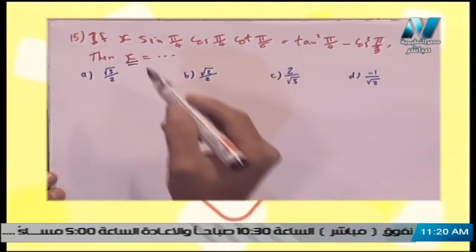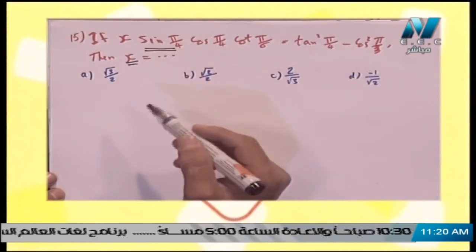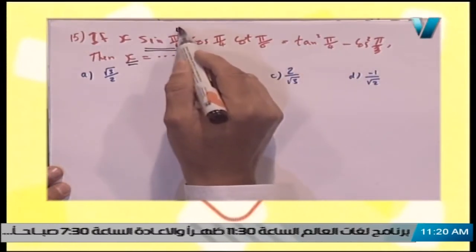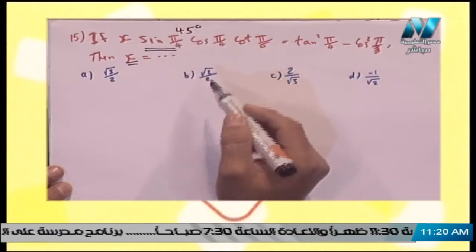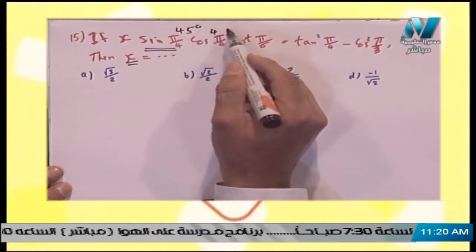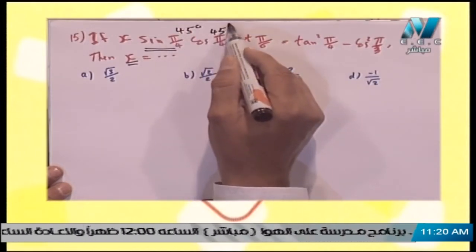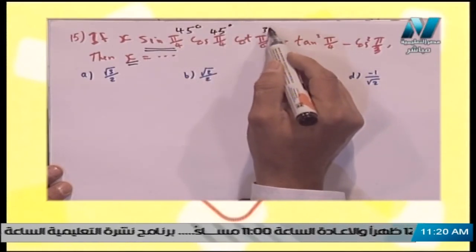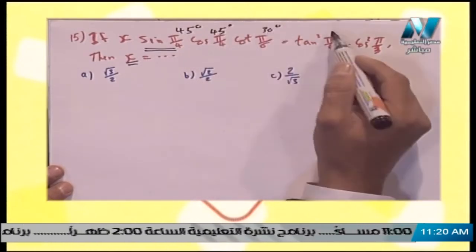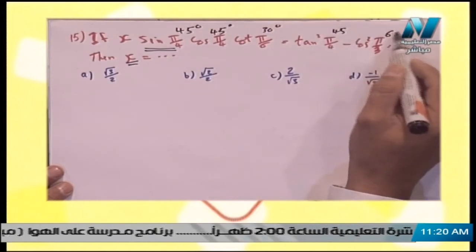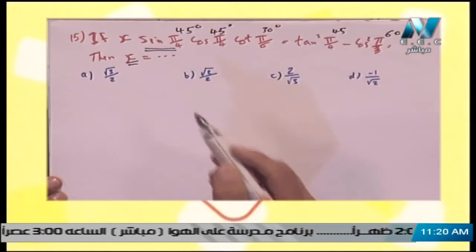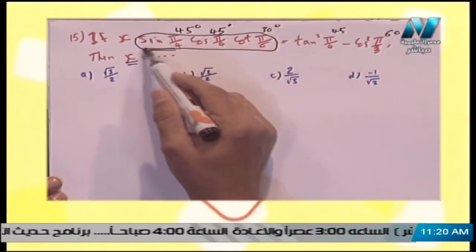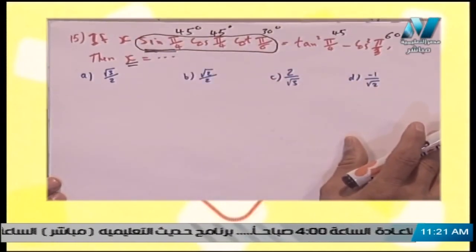You can use your calculator, of course, to find out sine pi over 4. We know that pi over 4 means 45 degrees, and pi over 6 means 30 degrees. By using a calculator, it doesn't matter to make more steps.